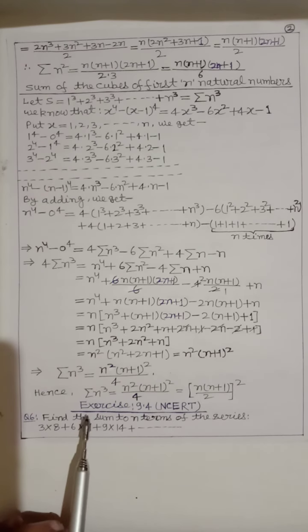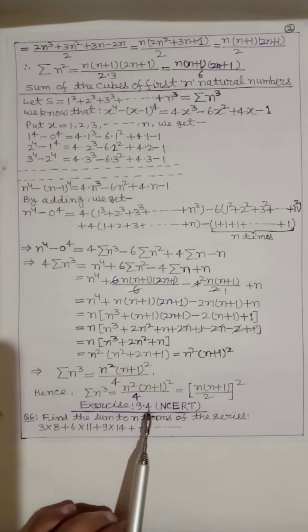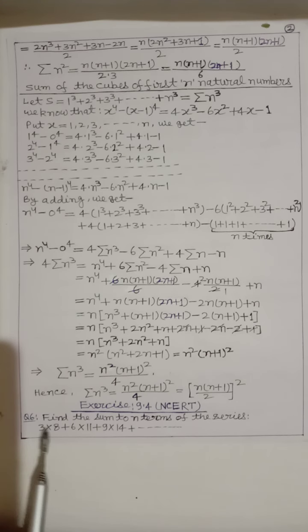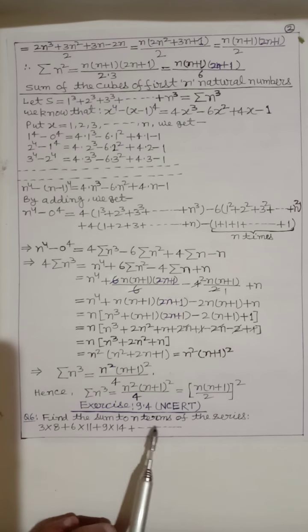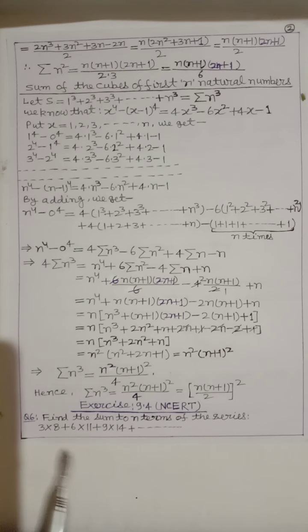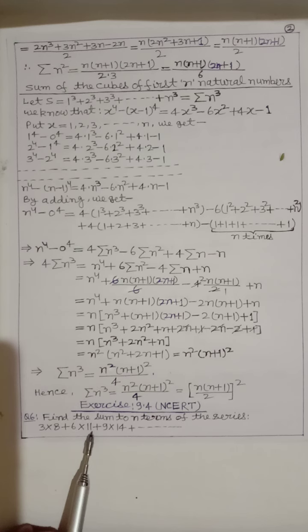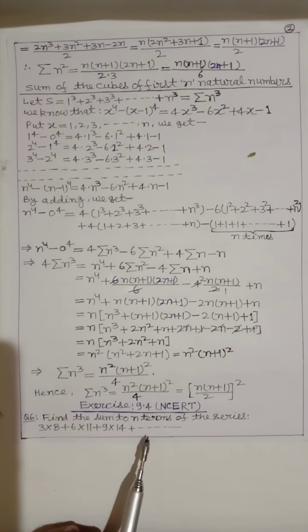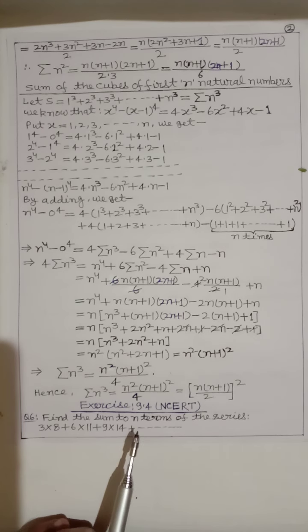Now we will discuss the solution of the questions of exercise 9.4 from NCERT. Question number 6. Find the sum of n terms of the series 3 into 8 plus 6 into 11 plus 9 into 14 plus and so on.